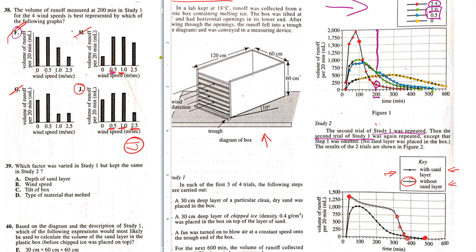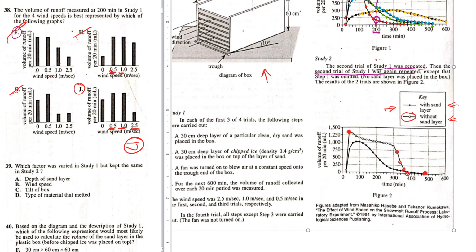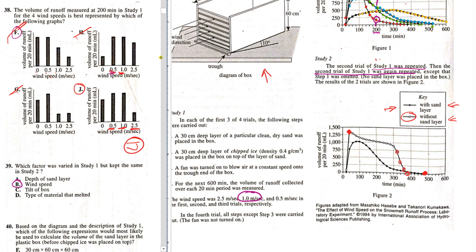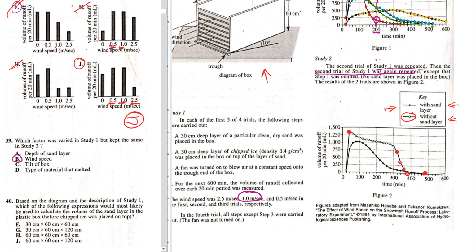In the second trial, the wind speed was 1. So they've kept that the same. The wind speed is the same, but they changed the sand. So wind speed was varied in study 1 and not in the other one.